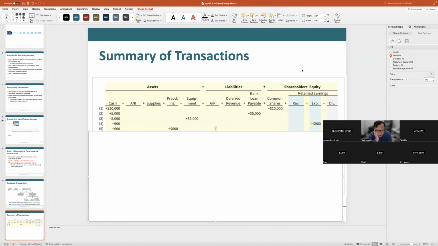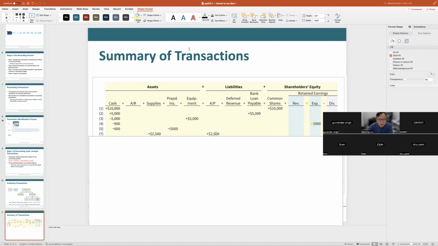What about this one? Your supply increased 2,500, your accounts payable increased 2,500. So your supply increase, which is an asset, right?